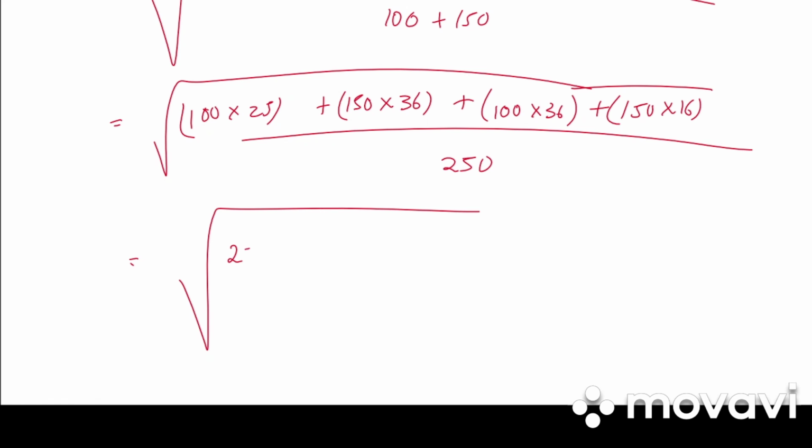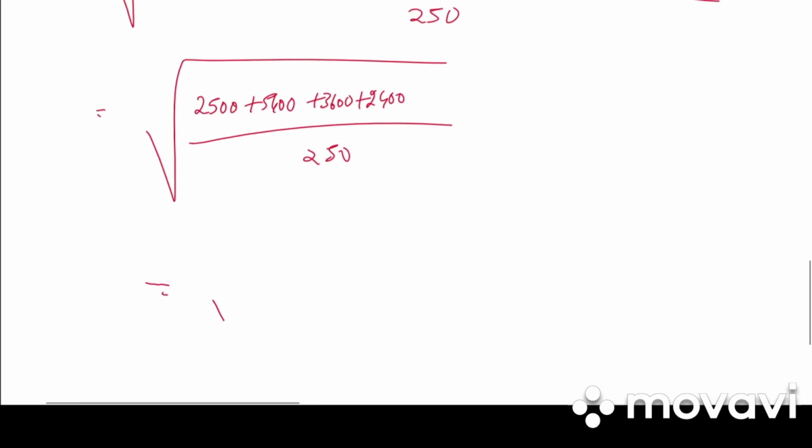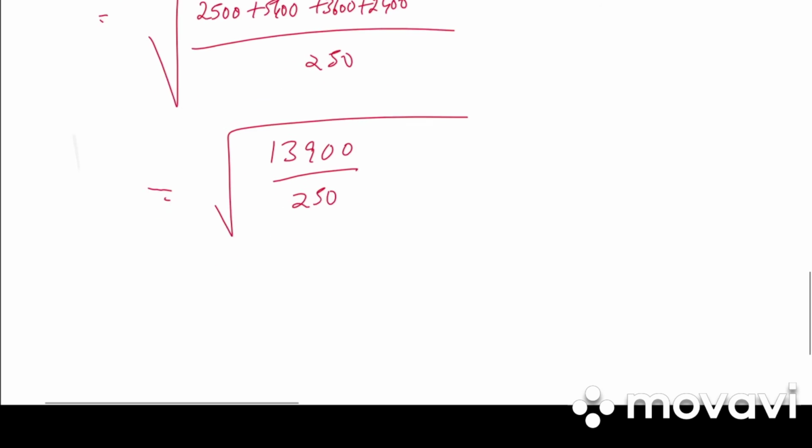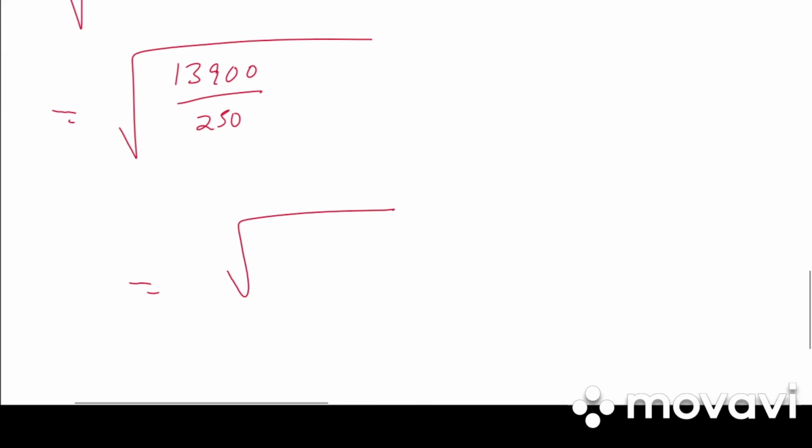So it is square root of 2500 plus 5400 plus 3600 plus 2400 divided by 250. So it is square root of 13,900 divided by 250. It is square root of 55.6, that is 7.46. Therefore, sigma 1 2 is equal to 7.46.